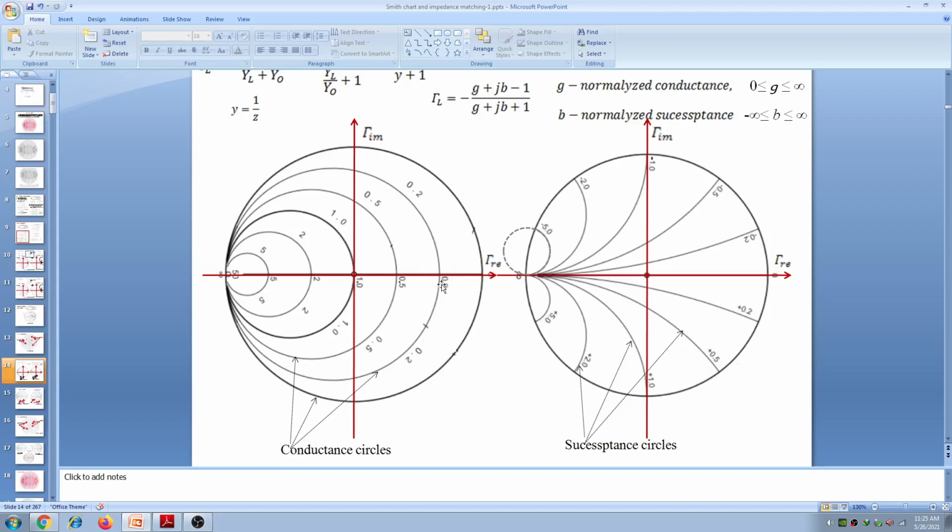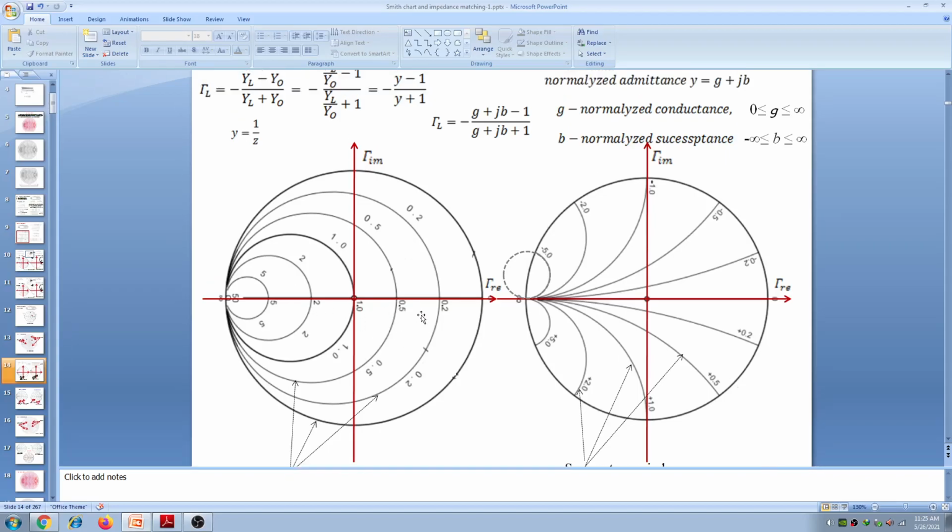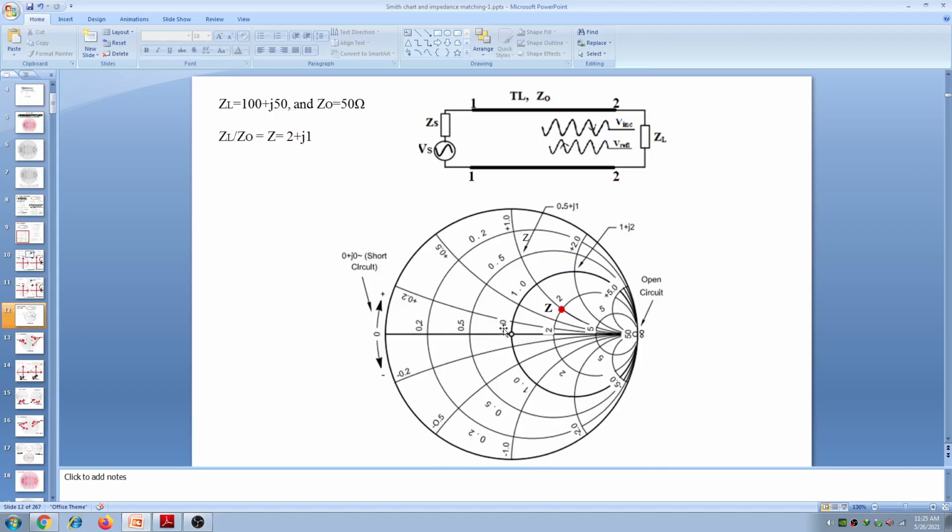If you want a conductance circle value, you should take the value written below, associated with each conductance circle. If you want resistance, you should read above. For example, R equal to 1: this is a resistance circle. What is its value? 1. You should read it above, not from below.